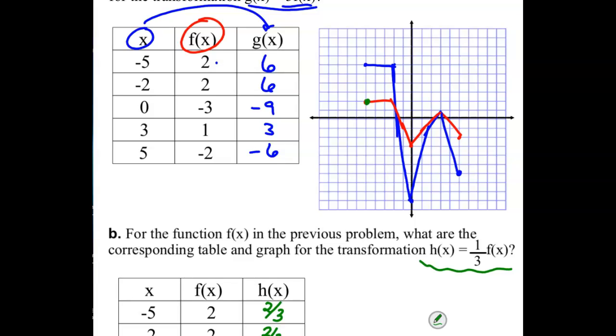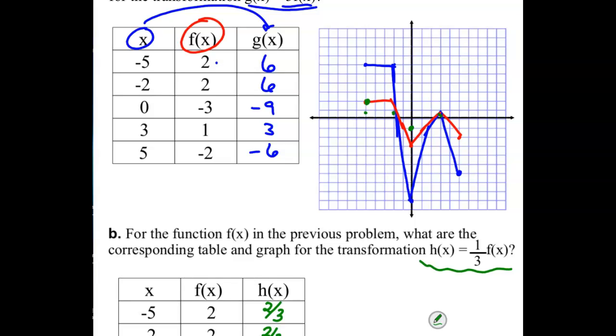So instead of being at 2 here, we're going to be down here at 2/3. Instead of being at -3, we said we needed to be at -1. 1/3 as tall. Instead of being at 1, we're going to be down at 1/3.